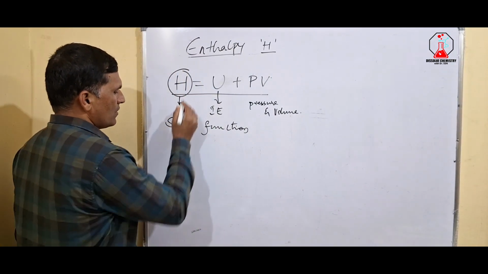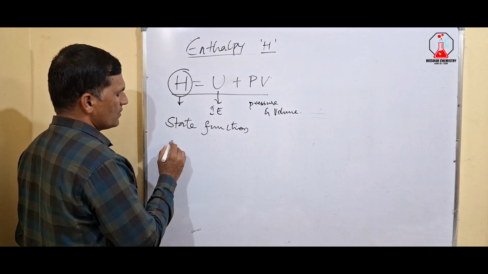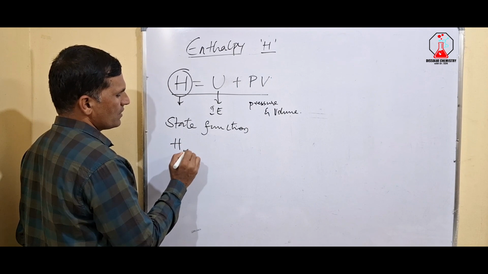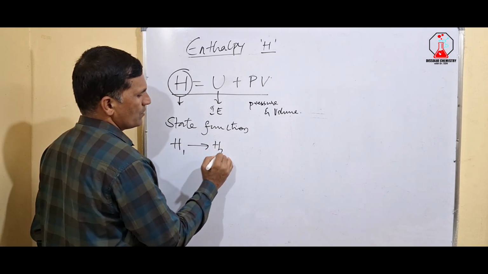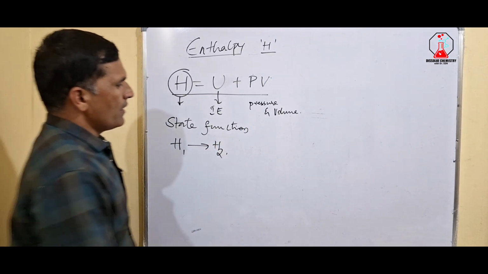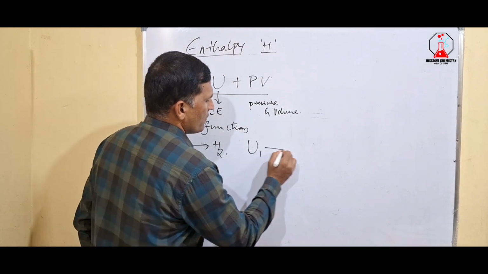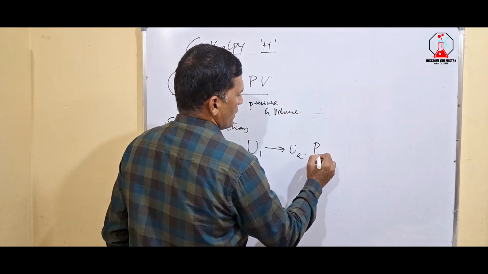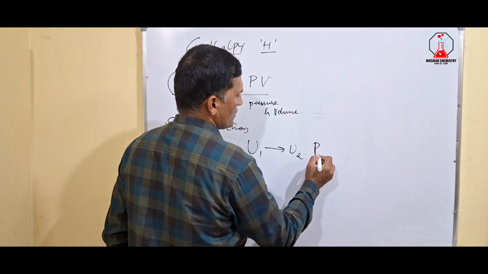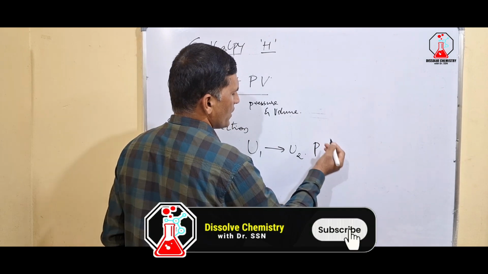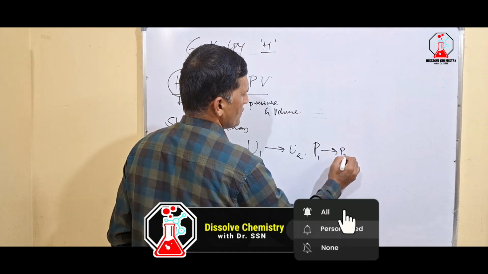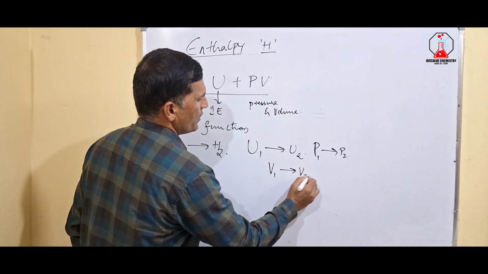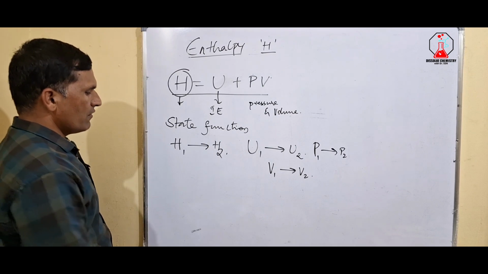So let us consider the two conditions. Initially the enthalpy of the system changes from H1 to H2, then the internal energy of the system will change from U1 to U2, pressure from P1 to P2, and volume from V1 to V2. Then how we will write?